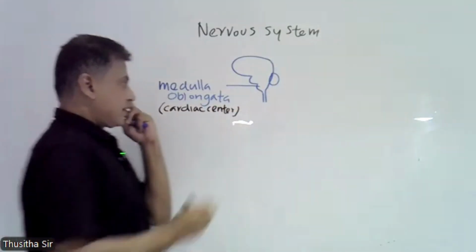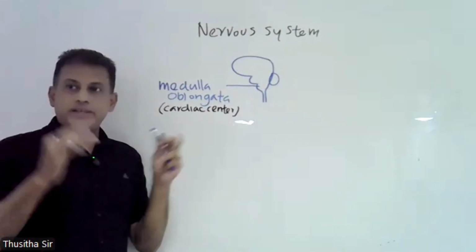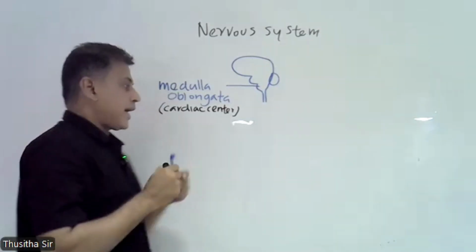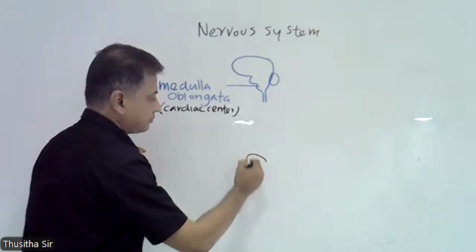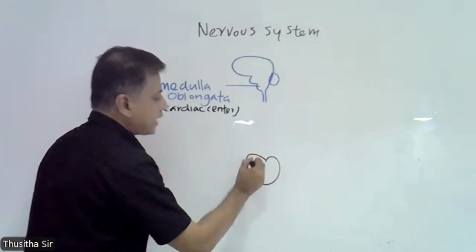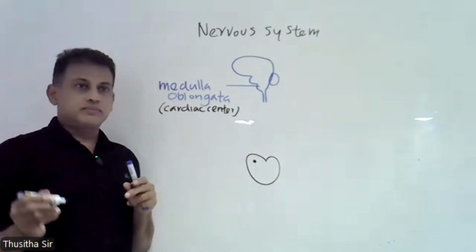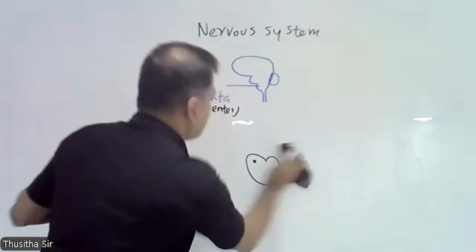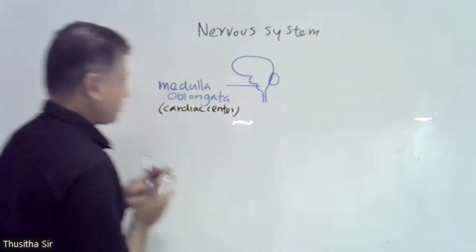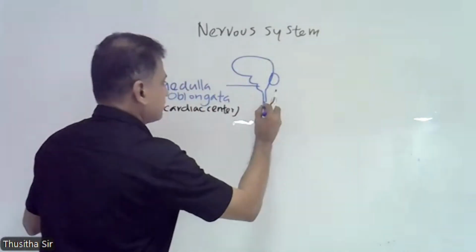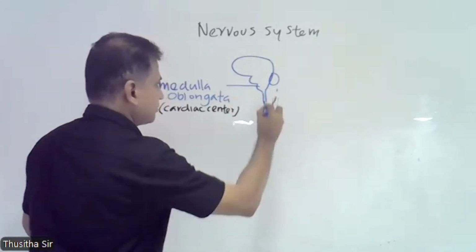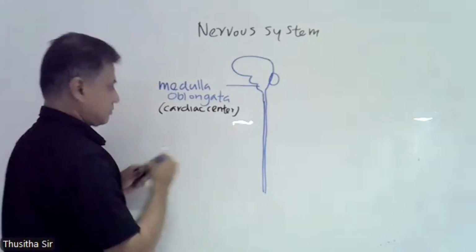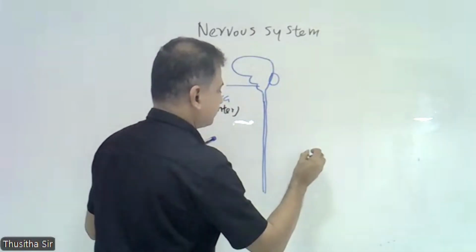Cardiac center, respiratory center, all located in the brain stem, the medulla oblongata, right? And now this is the heart, and that's the SA node, right? So I have to take a little bit out of this. This here.